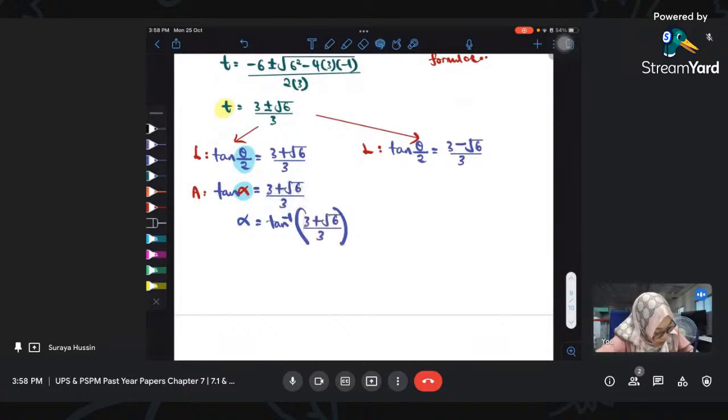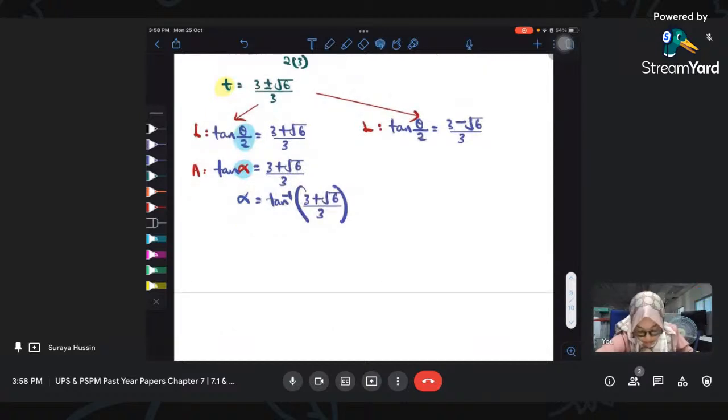And so your alpha is equals to 61 point, kat sini boleh guna degree, 61.167. So it's actually better to take more than 2 lah, or even 2 pun okay.